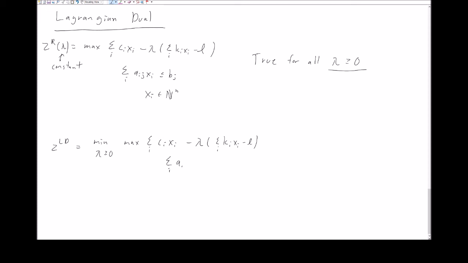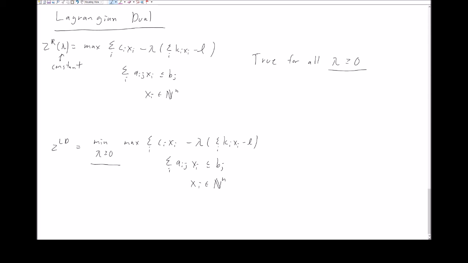The sum over all i of aij xi is less than or equal to bj, and xi is going to be in our lattice. So here the thing that's changed is we've taken a minimum over all lambdas greater than or equal to 0. So we're solving the Lagrangian relaxation for every possible value of lambda, and then we're going to choose the lambdas that are going to minimize this value.